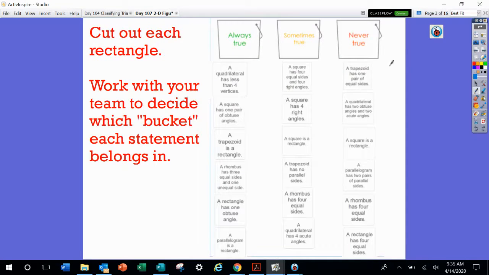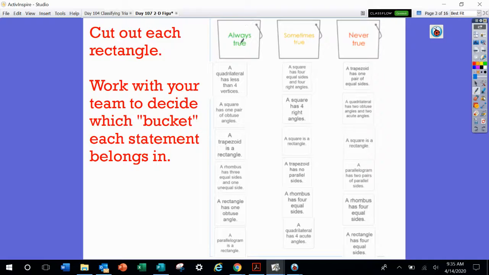So you're going to turn, it looks something like this. You're going to turn to the very last page in your math notebook, the very last one. And it says cut out each rectangle. I think that's too much work right now. We don't need to do that. All you need to do is look at each of these boxes, and it has a statement in those boxes.